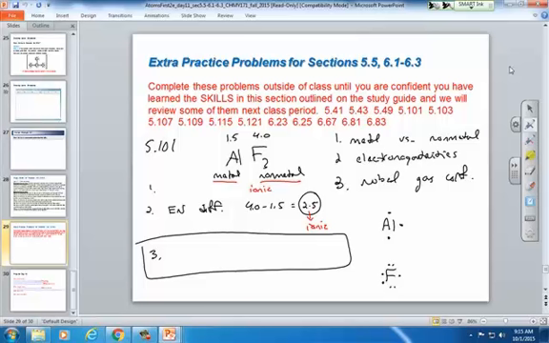And when it's only 3 away from neon, all it has to do is lose 3 of its 13 to get down to 10. That's much more reasonable. So that's why we normally predict for a metal it's much more likely to exist with a charge, to get the same number of electrons as a noble gas, and the fluorine only needs to pick up 1 to get a noble gas configuration.